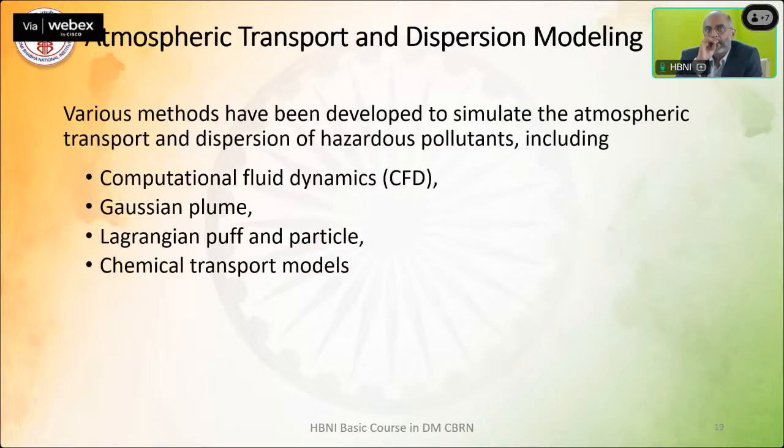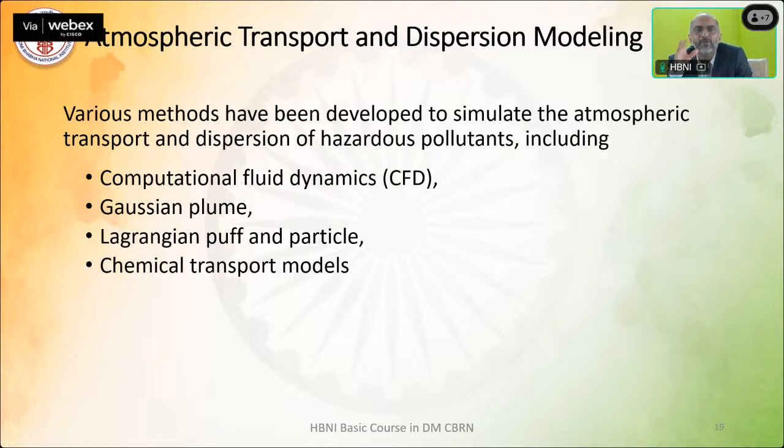When you come to modeling these phenomena, various methods can be used. Various methods have been developed to simulate these transport and dispersion mechanisms. Broadly, I will start from the broader aspect: computational fluid dynamics.